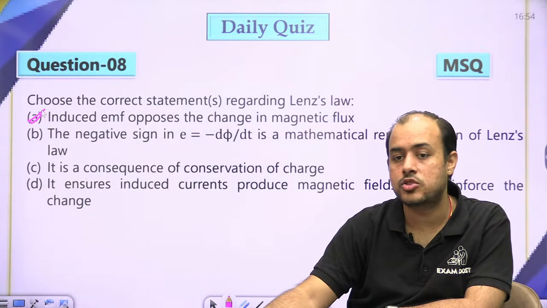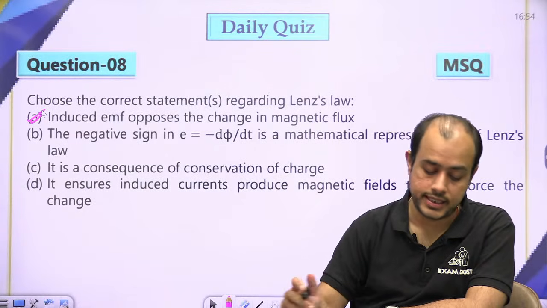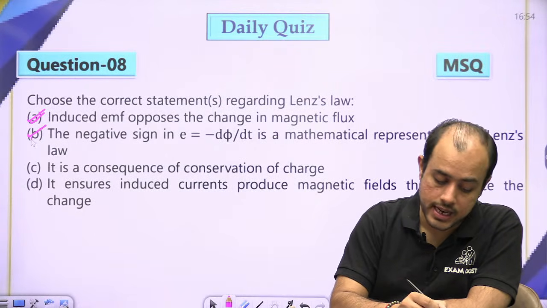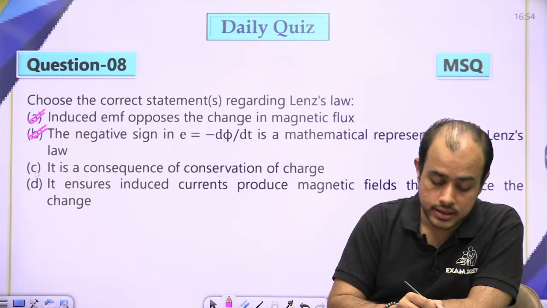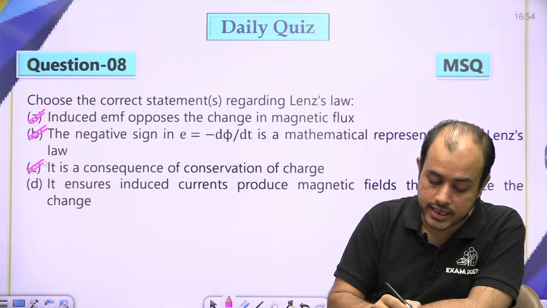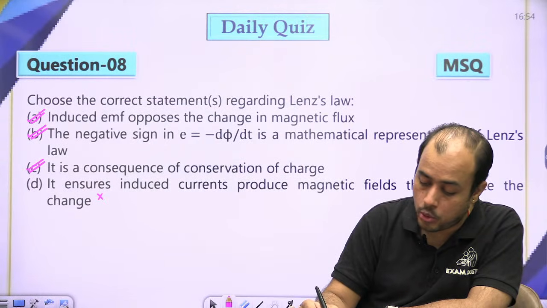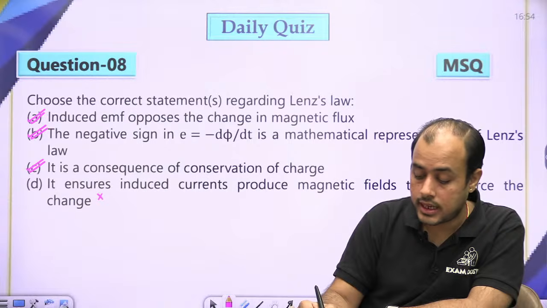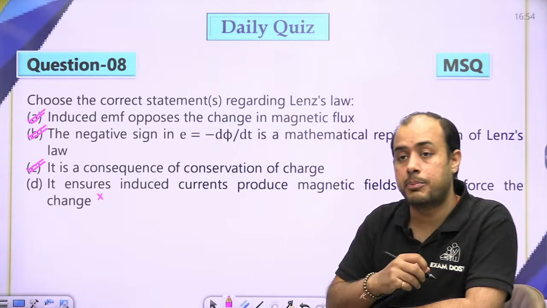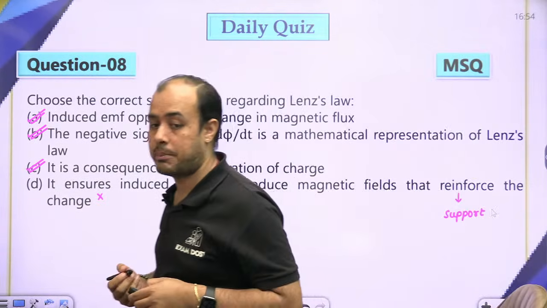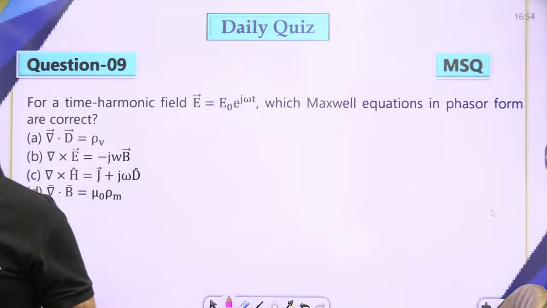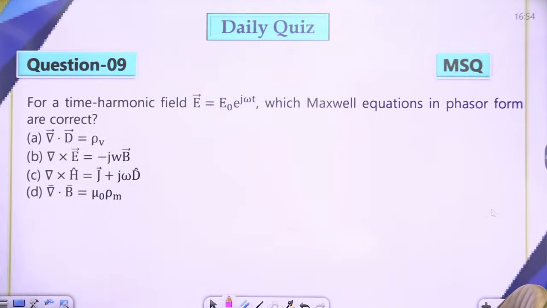That is, it tries to maintain the flux constant. Yes. Negative sign is due to Lenz law. It is due to conservation of charge. Yes. This is wrong. Reinforce means support. No. The induced current does not support the magnetic field but opposes the field. It opposes, son.